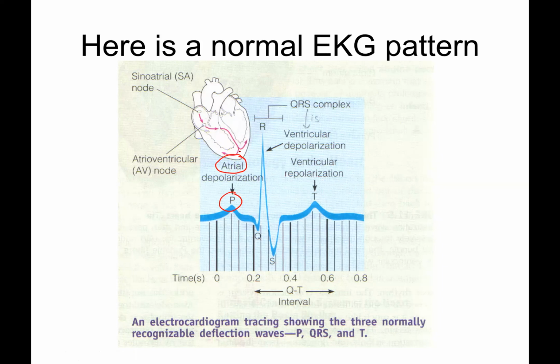Now when that happens, it's going to eject blood into the right ventricle. So as blood is going into the right atrium, and then the atria squeeze, it's going to eject blood into the right ventricle.